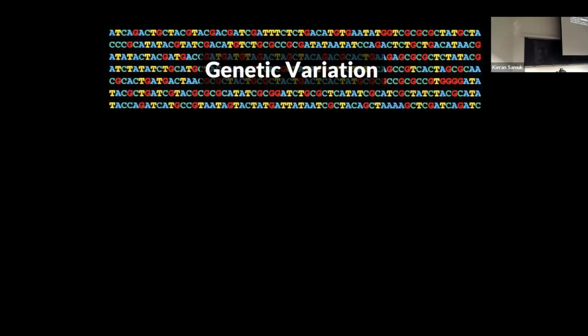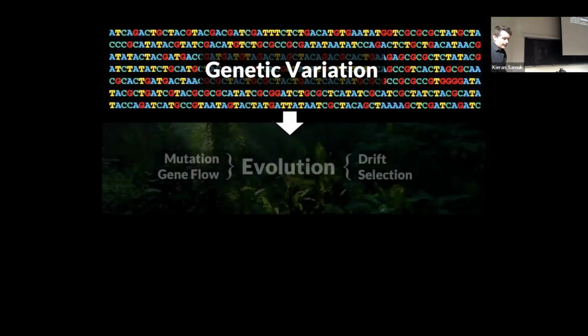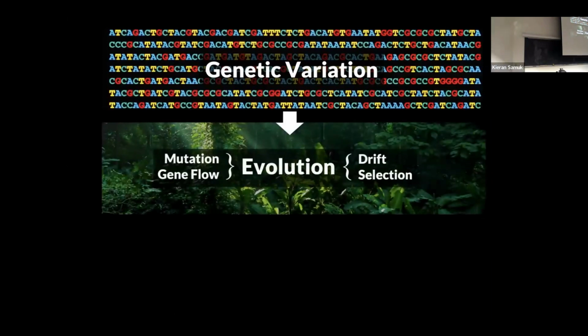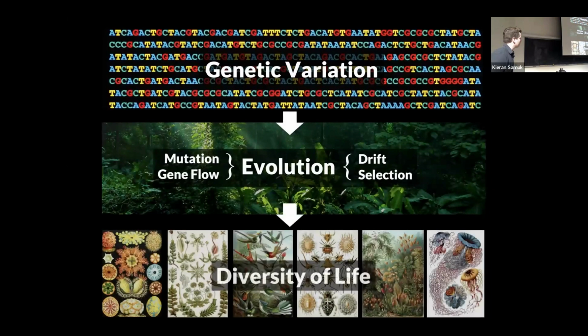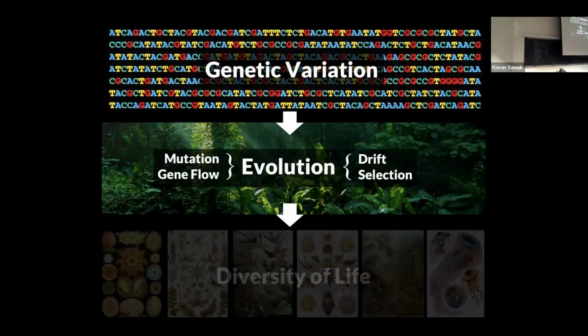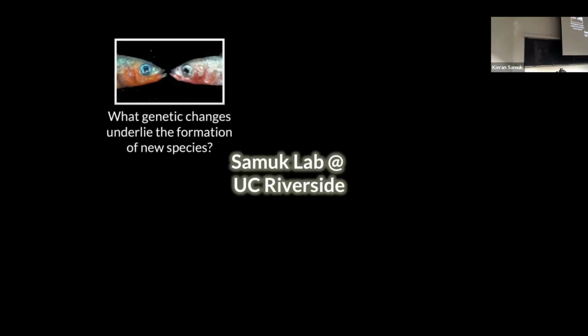Okay, so I'm an evolutionary geneticist. And so what that means is I'm interested in how genetic variation that we see out in the world gets filtered through the various processes of evolution to give rise to all the amazing diversity we see out in the natural world. And so the focus of my lab touches on various different topics related to that process.